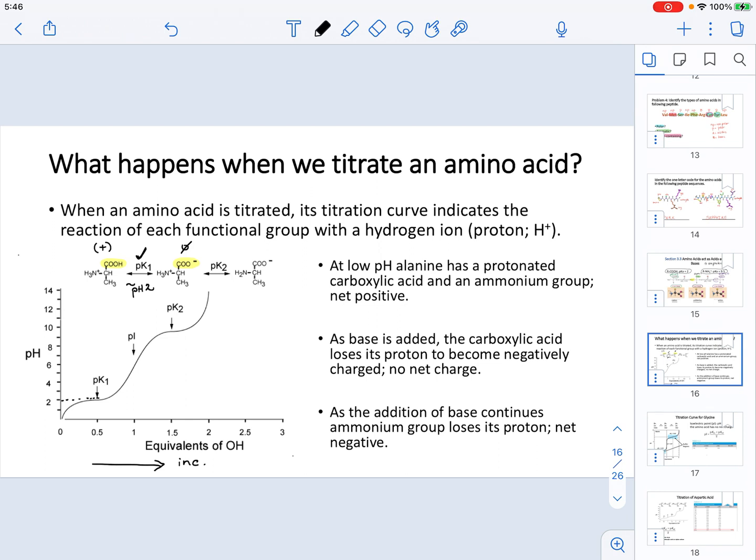As we continue, understand that once we have reached the pK2, and this is not to scale, so forgive me, I'm just doing relative numbers, this is going to be close to 10. So around a pH of 10, we have reached the pK2.